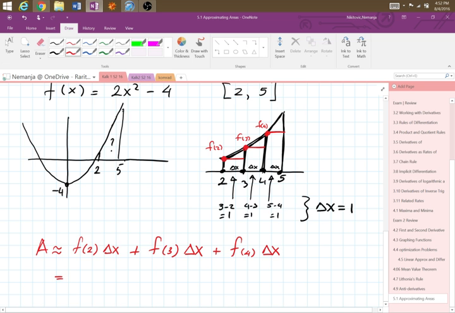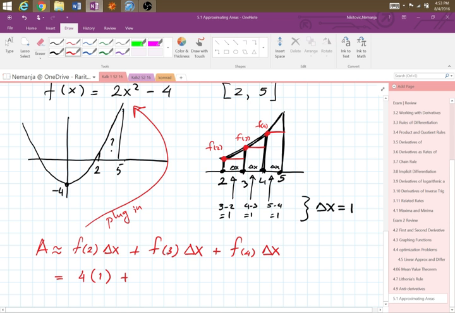So that's going to be equal to f of 2. Well, you plug in 2 in the original equation. When I plug in 2, I get 2 squared is 4 times 2 is 8. 8 minus 4 is 4, times delta x is 1.